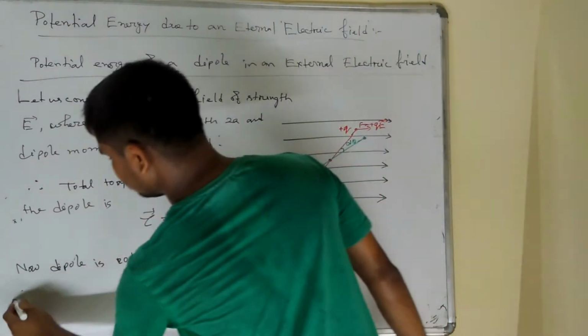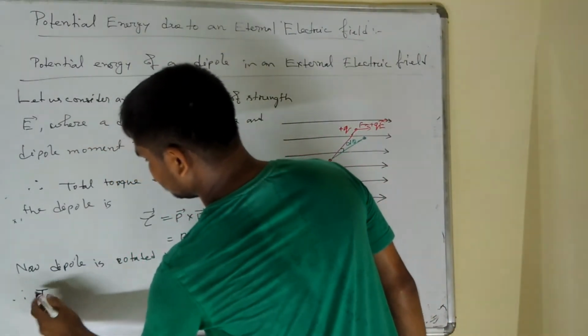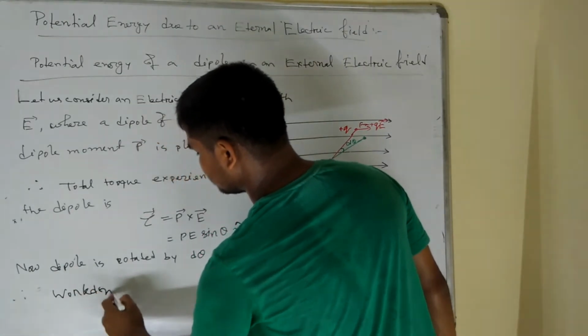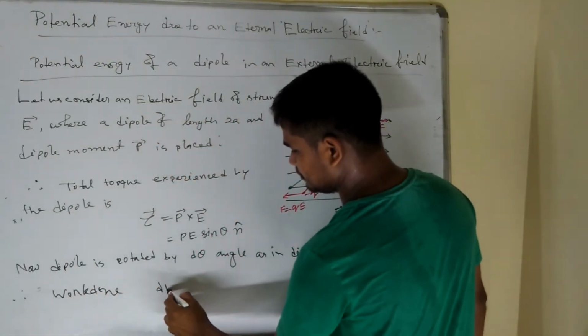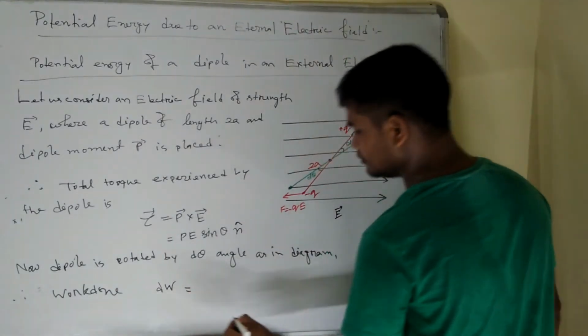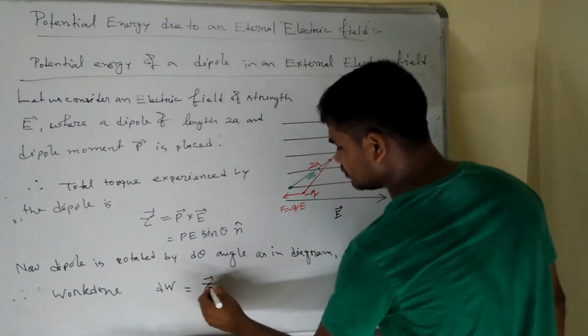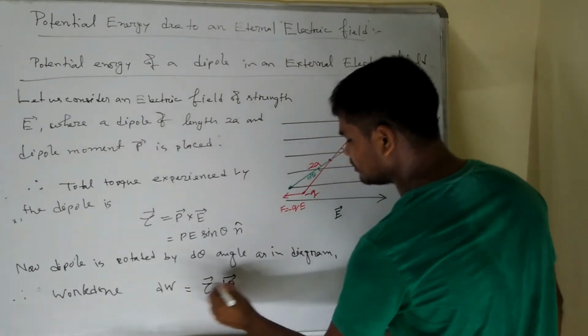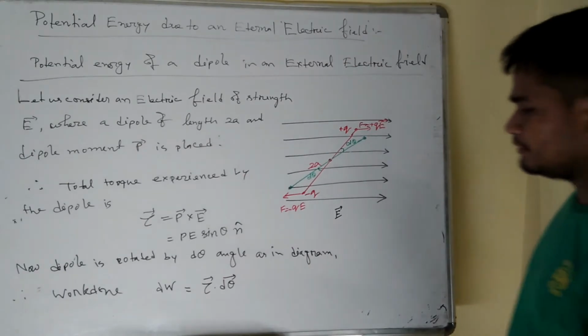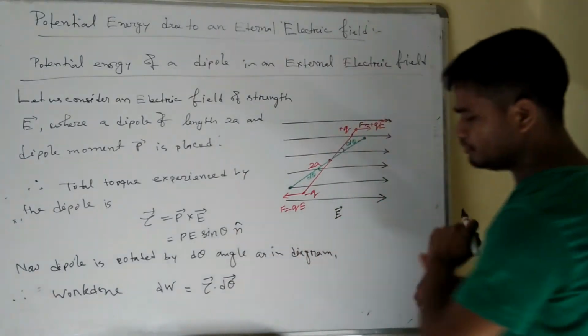Therefore work done dW is equal to torque into d theta.